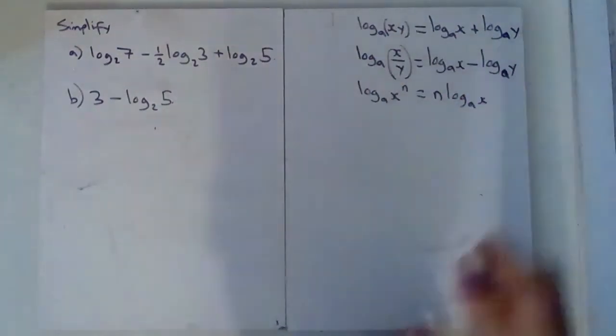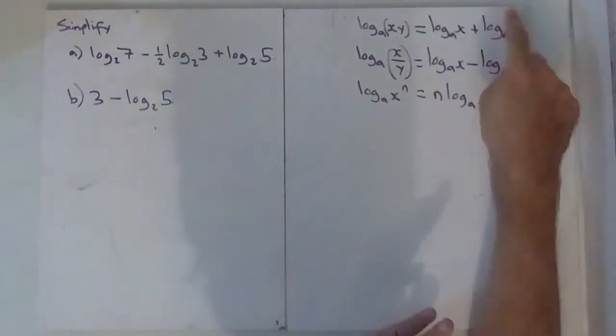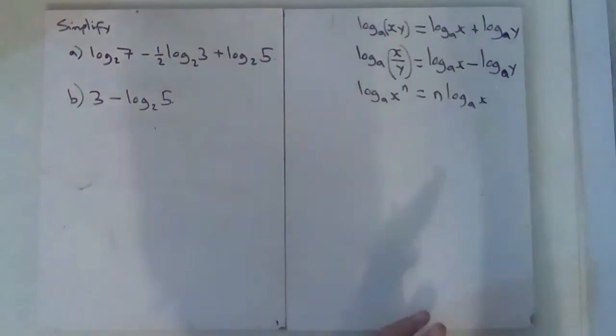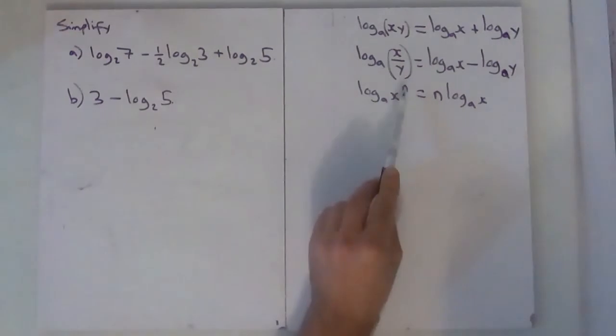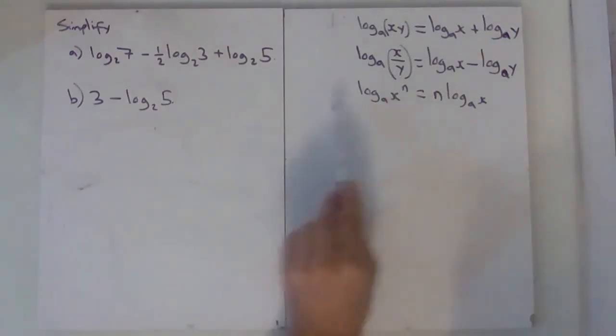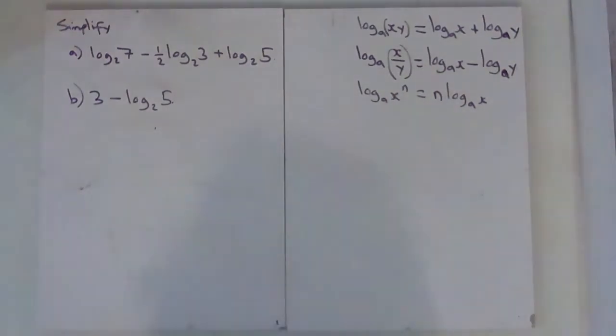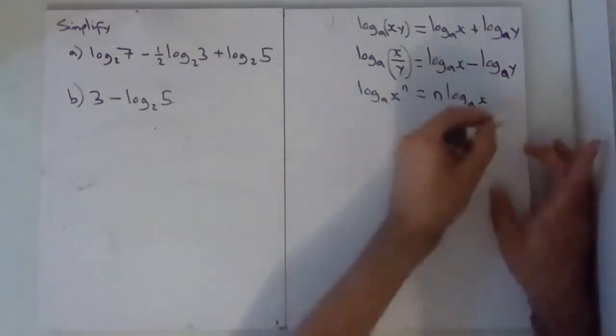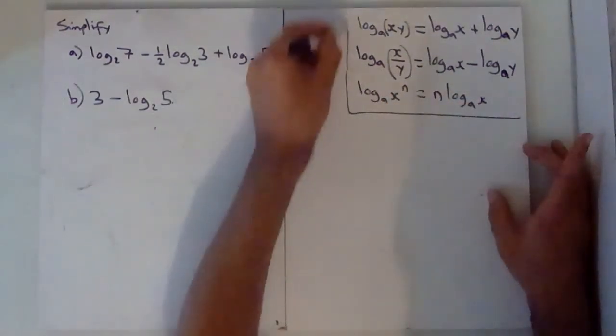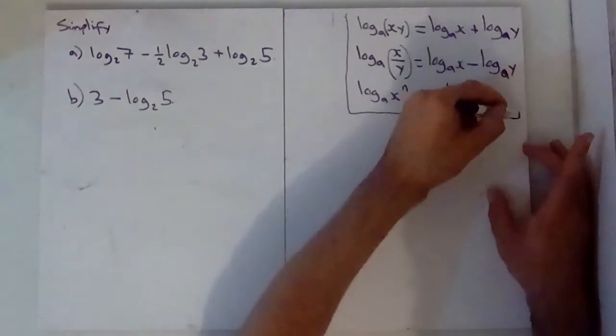For the first two, you're much more likely to go from right to left than from left to right, depending on what you're doing. For the third law, probably equally in both directions, either moving a power in as a multiplier or moving a multiplier up as a power. It'll make a lot more sense once we see it. These are the three laws and we're going to use them for the rest of this question.